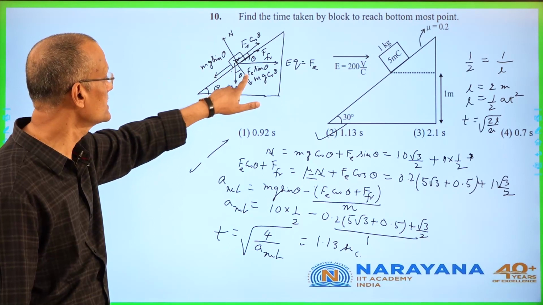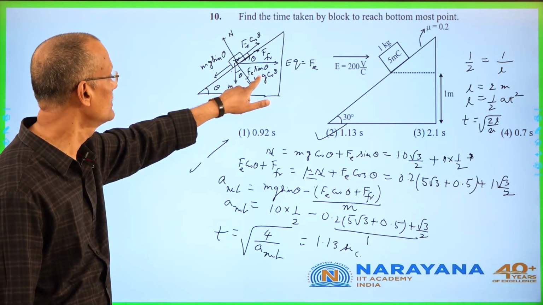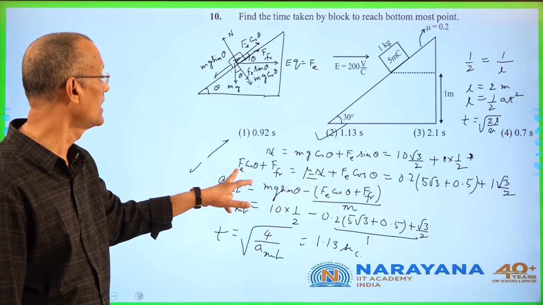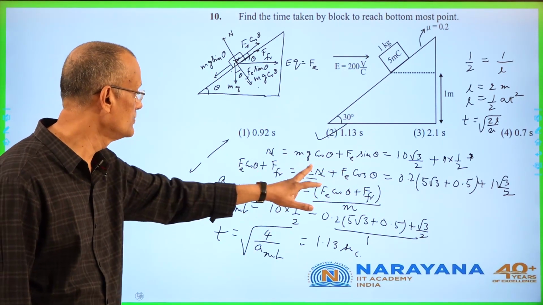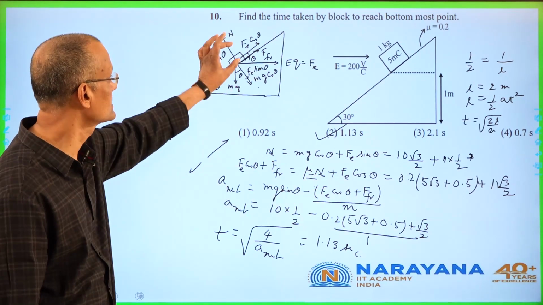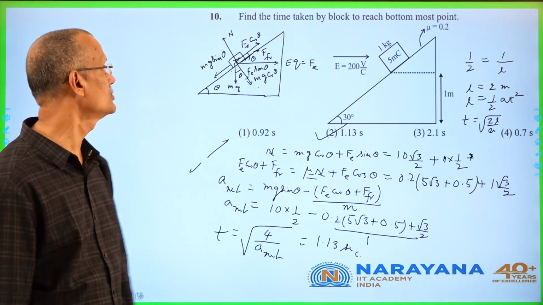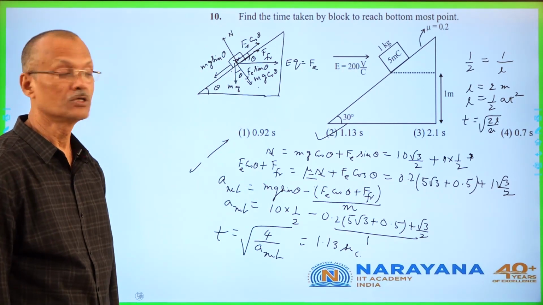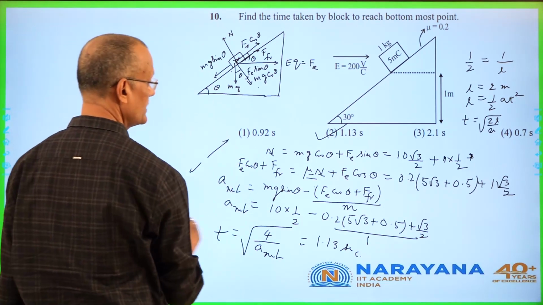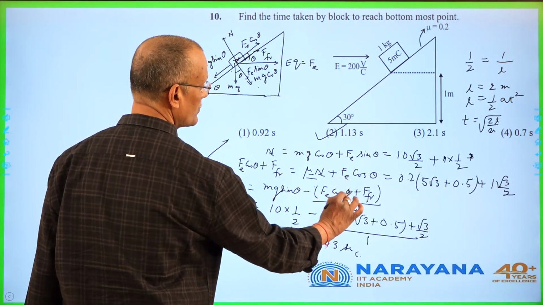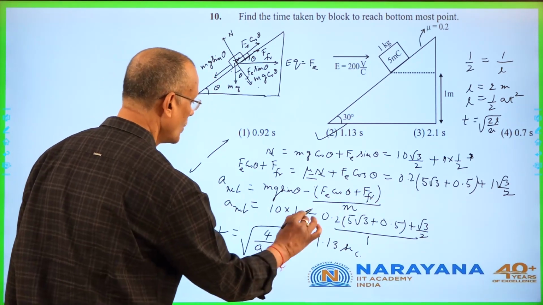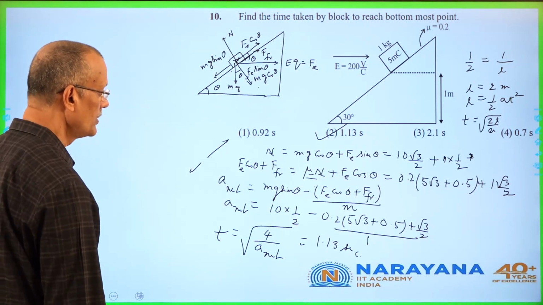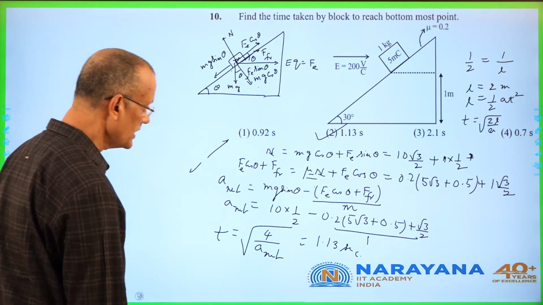So normal reaction becomes Fe sin theta plus mg cos theta. Force due to friction is mu into N plus Fe cos theta. These two forces are opposing the motion, whereas the downward force acting is mg sin theta. So net acceleration is mg sin theta minus Fe cos theta plus force due to friction, whole divided by m. Clear to you? I hope you understood it clearly.